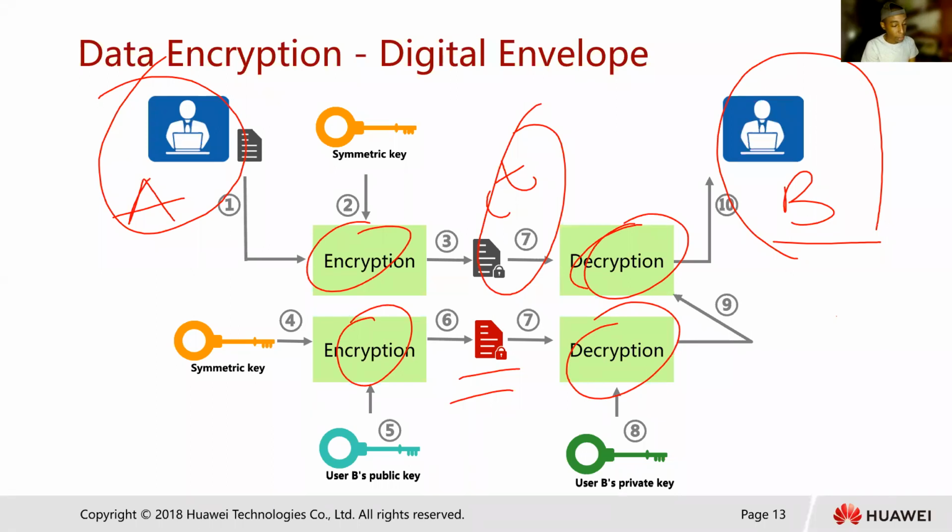Once we finish up to step 6, step 7 is where the digital envelope is also being sent together with the ciphertext. So in the 8th step, it is the decryption of what? The symmetric key.